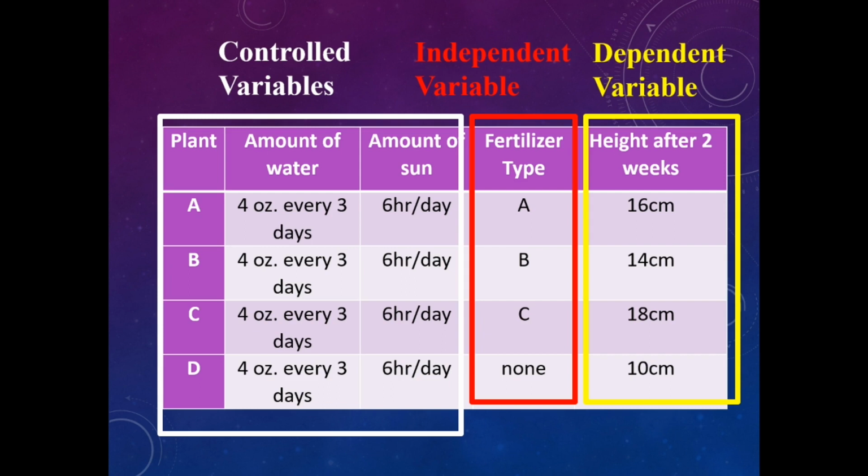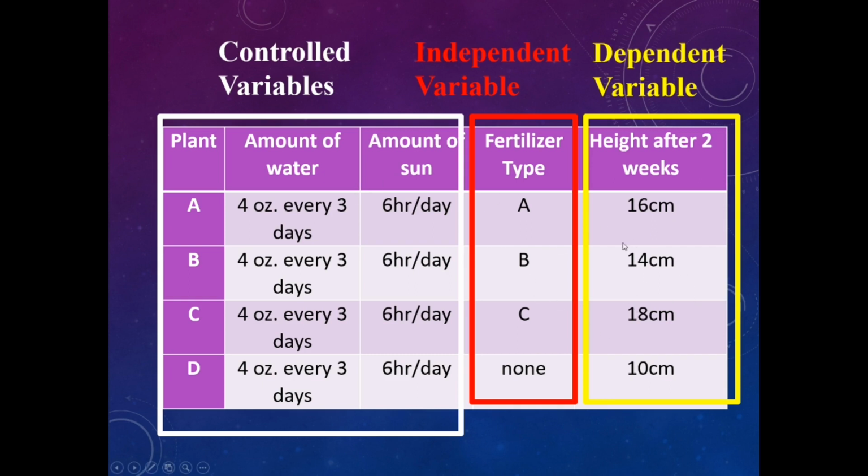So maybe, let's say plant D, if it wasn't 10 centimeters, let's say it was actually 16 centimeters. That means that fertilizer A is probably doing absolutely nothing to help the growth. But if we compare plant D, which grew only 10 centimeters, and plant A, which grew 16 centimeters, you could say the fertilizer had a beneficial effect on plant A.